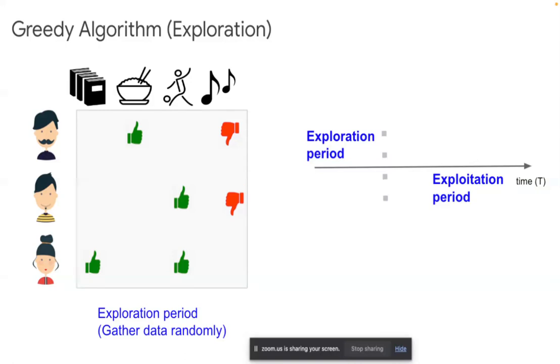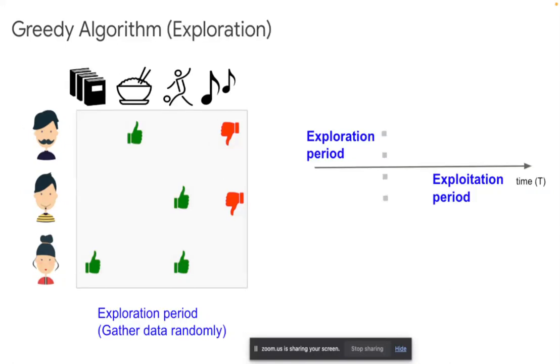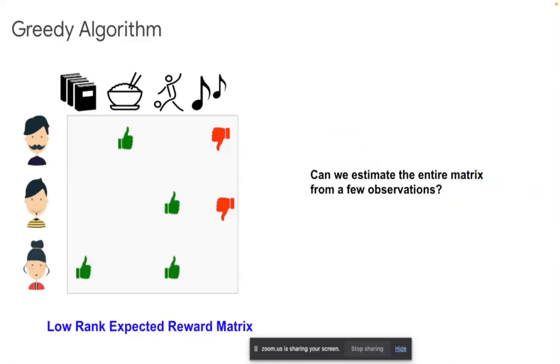This set of likes and dislikes in general corresponds to a set of partial noisy observations of the true reward matrix, right? So the question is, can we estimate the entire true reward matrix from this small set of partial noisy observations?